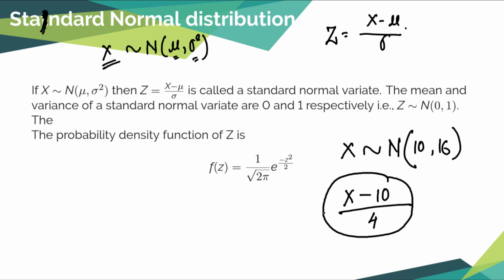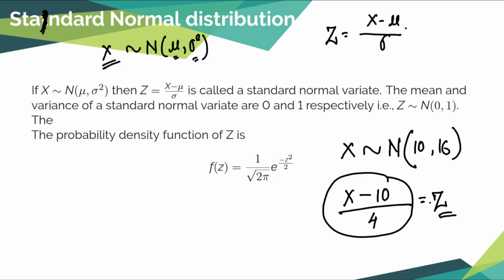So if I find out a value x minus 10 by 4 and set it to z, or nowadays called g, then this will follow standard normal distribution, right?